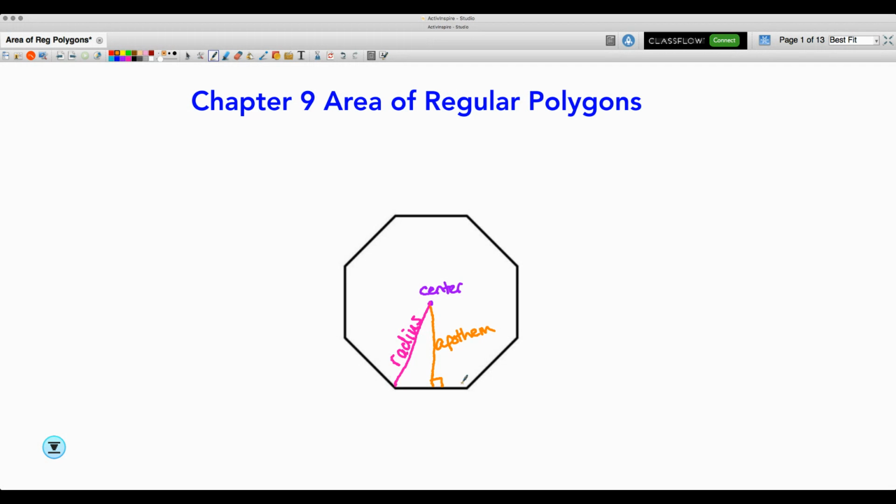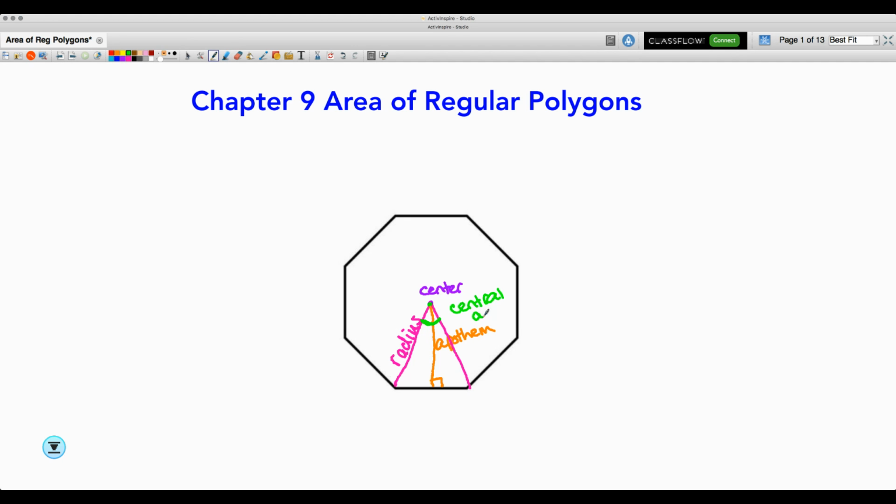Okay, that's the apothem. Now, when you draw in consecutive radii, so like one right after another, so I could draw it in right here, another radius. This angle that's formed by the two radii, that angle whose vertex is on the center, is known as a central angle.